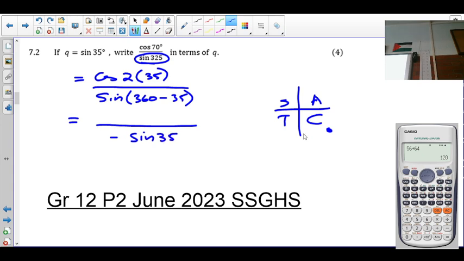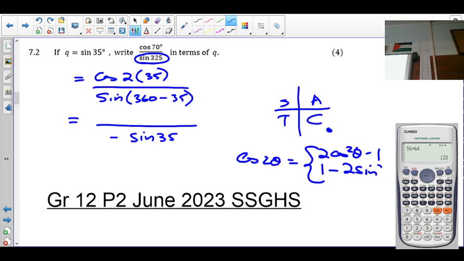Cos 2 theta can be written in three ways: 2 cos squared theta minus 1, 1 minus 2 sin squared theta, and cos squared theta minus sin squared theta. Which one are we going to use? The second one.